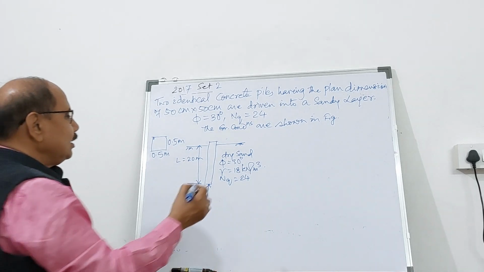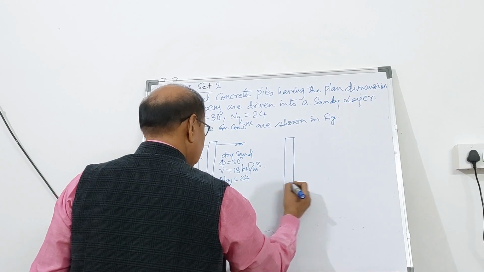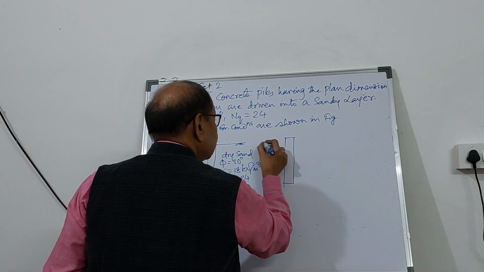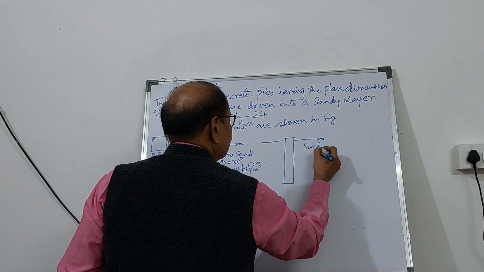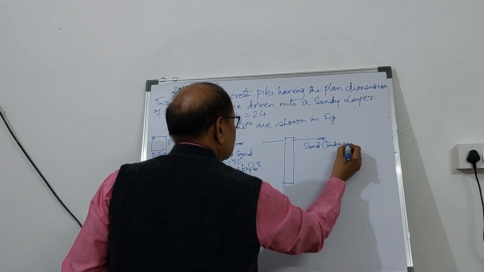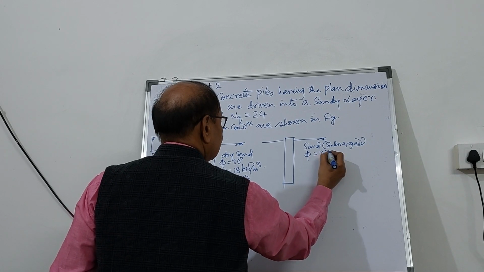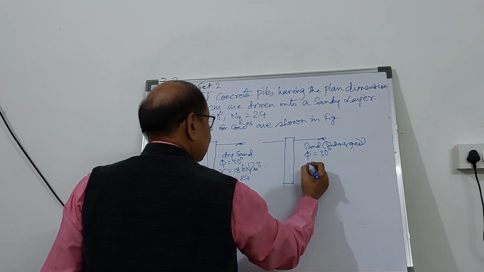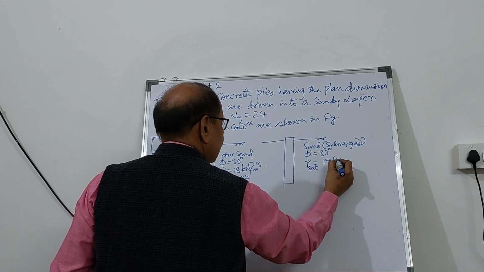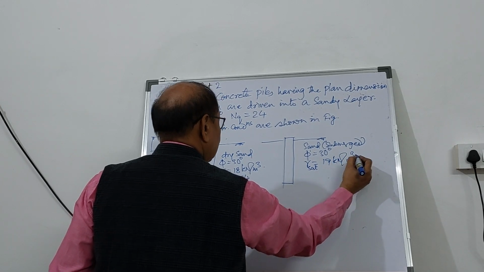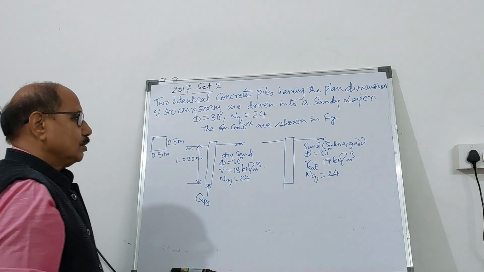So another pile, identical, is like this. So identical, but here the sand is submerged. So this was dry and this is submerged. Phi has no change, 30 degree, and gamma saturated now is 19 kilonewton per cubic meter, NQ equal to 24.